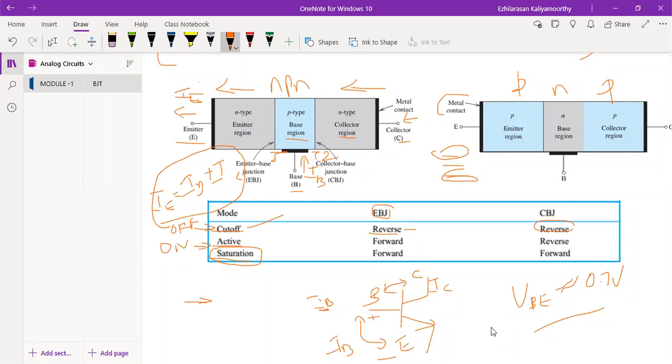To use the BJT as an amplifier, you need to operate the device in the saturation mode. If you need to use the same BJT as a switch, then you have to use the device in the cutoff and saturation regions. Based on this, we can decide how to operate the device.